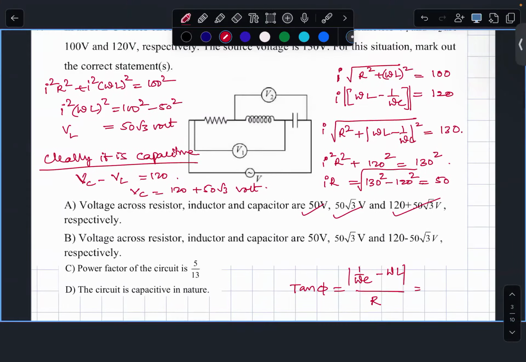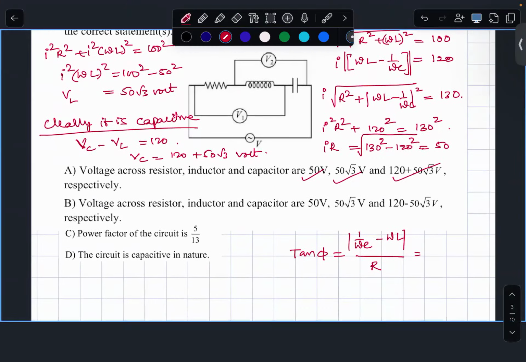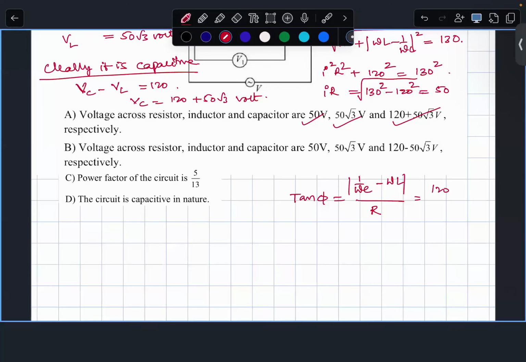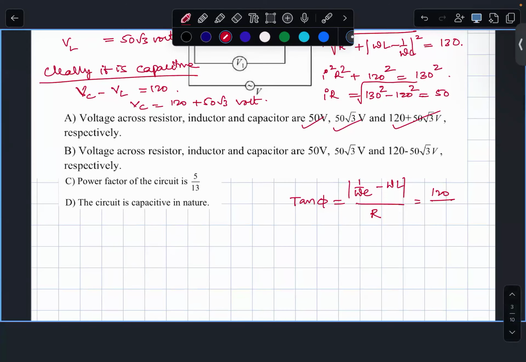So it is clearly V2, which is given already as 120, and IR term is 50. So 12 by 5. Therefore cos phi is 5 by 13. That's the power factor. Right. The circuit is capacitive in nature.